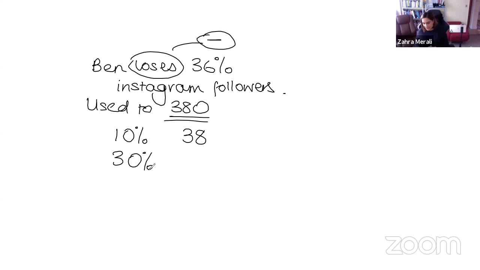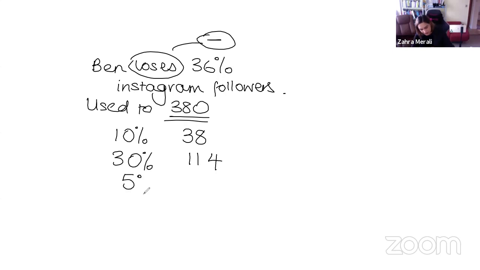So 30 times 3 we know is 90. 8 times 3 is 24. So 38 times 3 is going to be 114. Okay, so we've got 380. We've worked out 10% by getting rid of the 0. We've now got 30%. We want to get 6%.